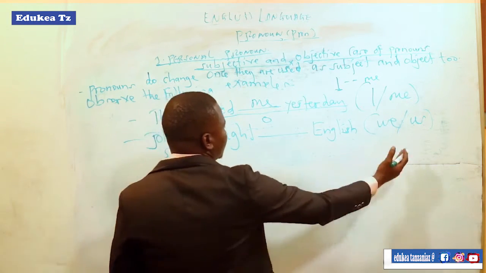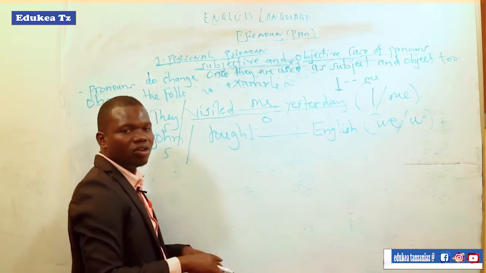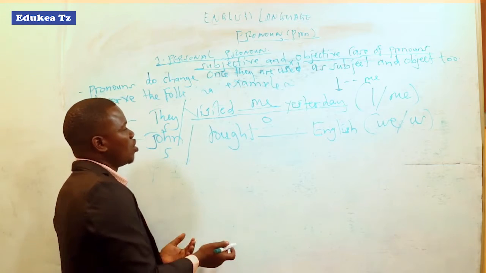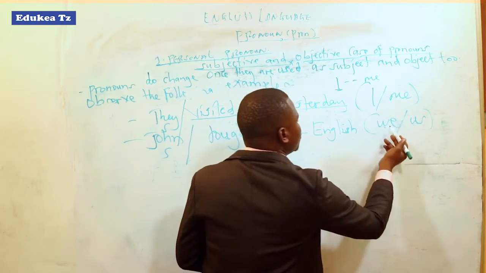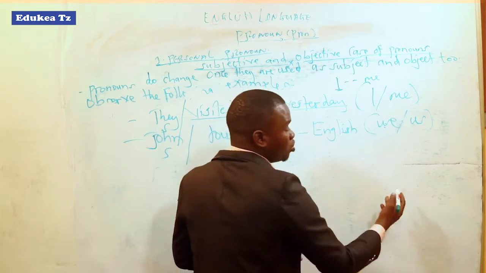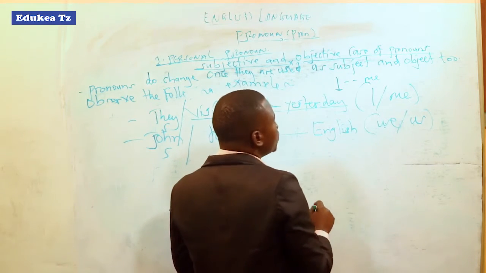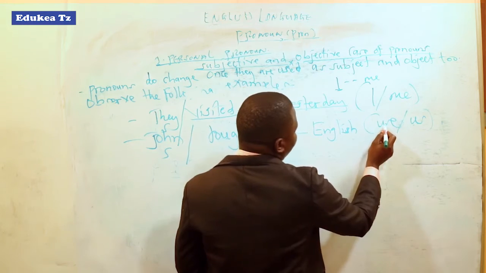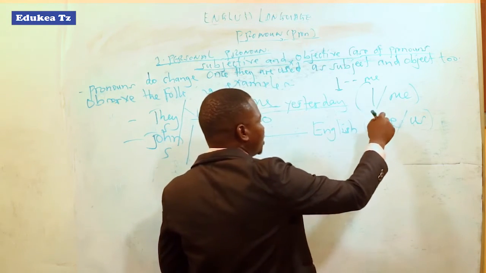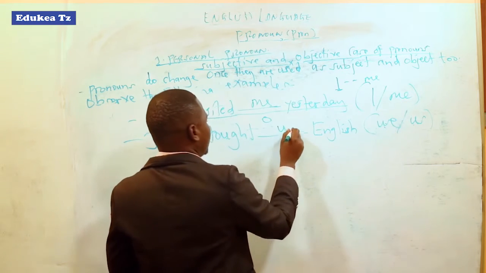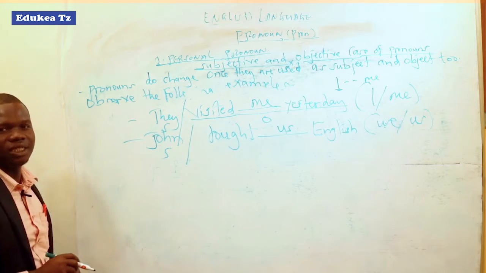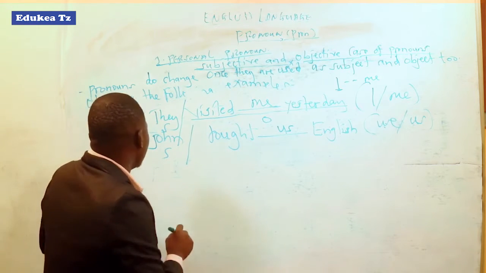The remaining part is the object. So if it is object, we just look at which word between these two is used as subject and which as object. Conclusively, we is the one used as subject, while the objective form is us. So our sentence becomes, John taught us English.